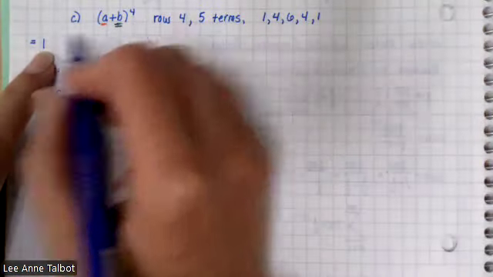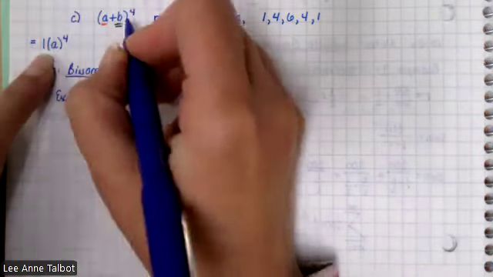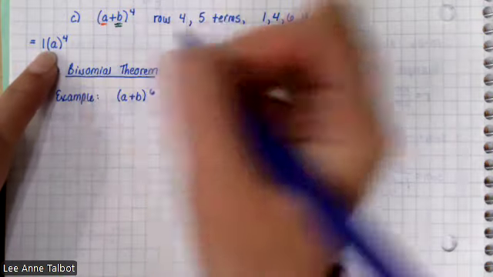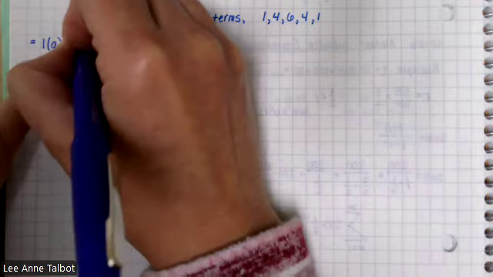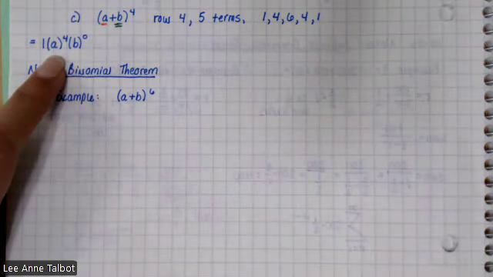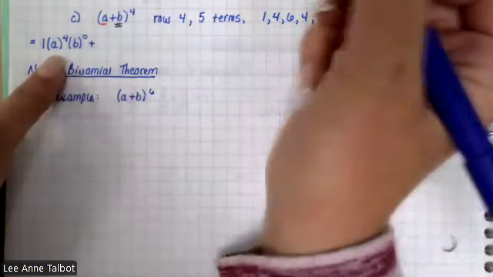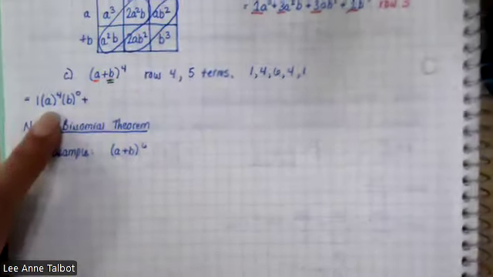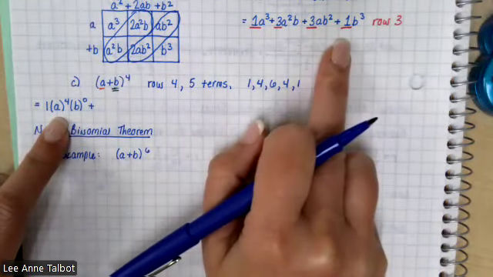Leading coefficient in the first term, the front seat is to the full power of the problem, and the back seat is to the 0 power. Plus. My final answer should look something like this, by the way. This is what I'm going toward. I'm just going to do a step before that.